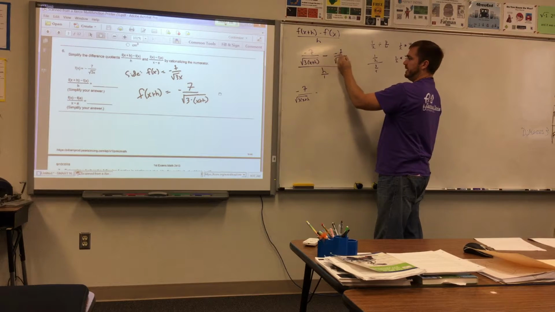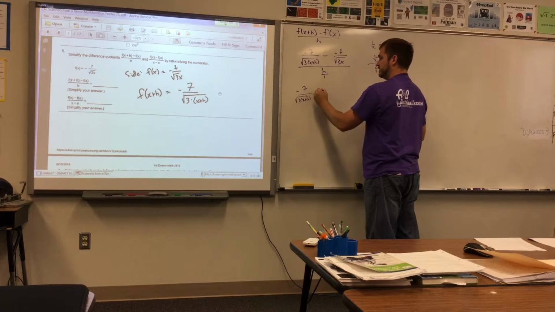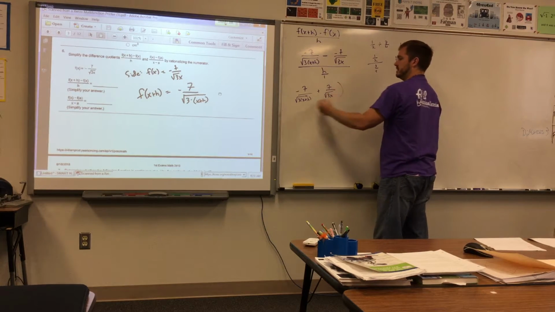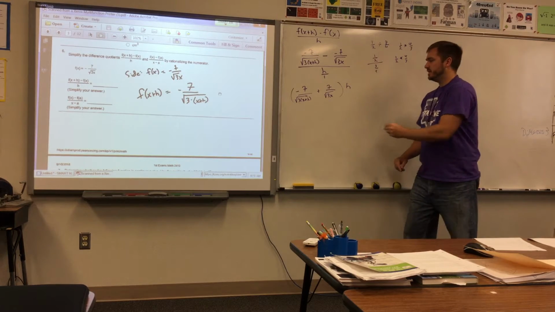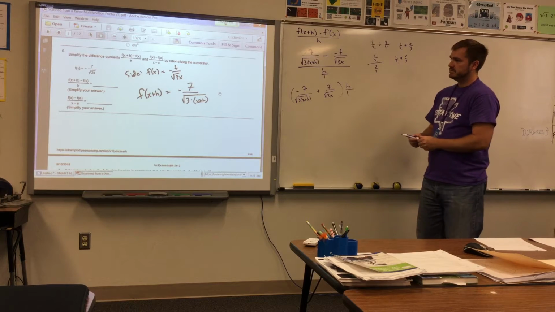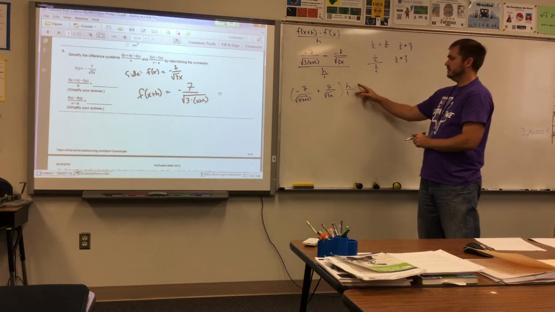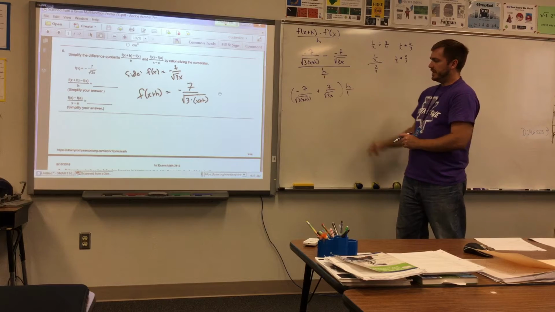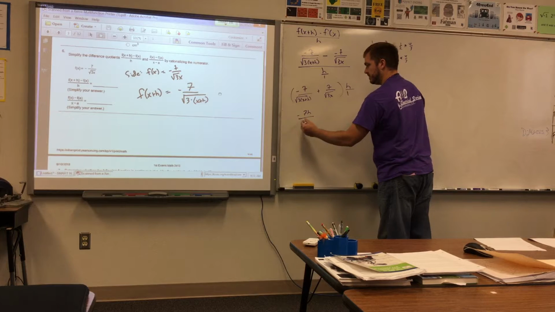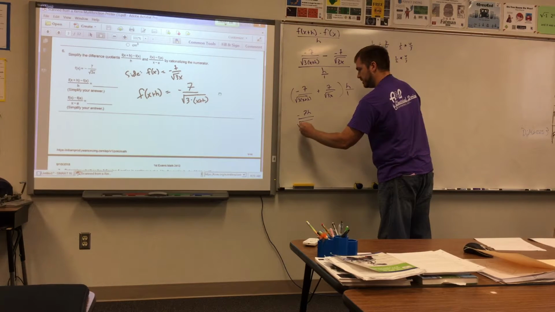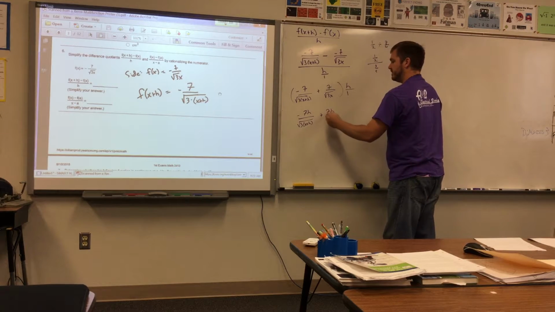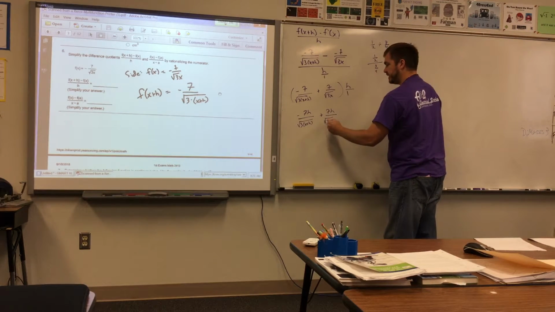Let me clean this up a little bit. Minus a minus, so that's plus 7 over the square root of 3x times h over 1. And then I can just distribute that h there. So I've got -7h over the square root of 3 times x plus h plus 7h over square root of 3x.